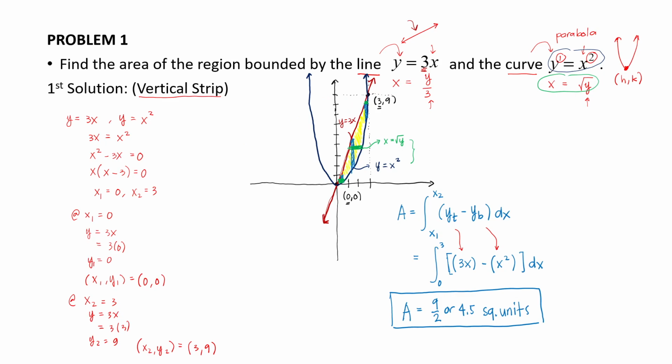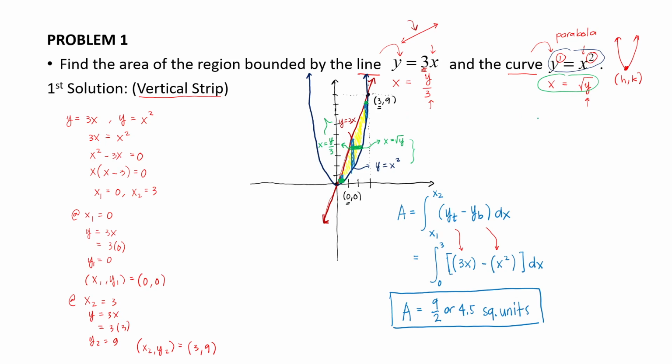On the left portion, the maroon graph, in terms of y, this would be x equals y over 3. Take note that these are the same equations expressed differently, in terms of x and in terms of y, but they are the same equation. We just manipulate them in order to use the formula.